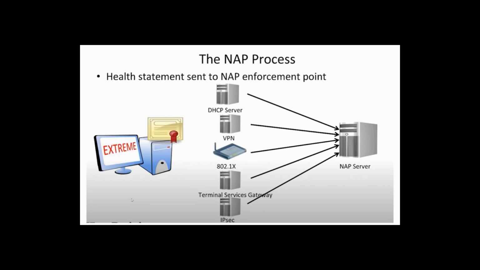And if that client passes all the health checks, then he can use the internal network as a client inside that network. Otherwise, that client will be treated and sent to another network, not to the production network. So this is mainly a virtual private network as an enforcement point.